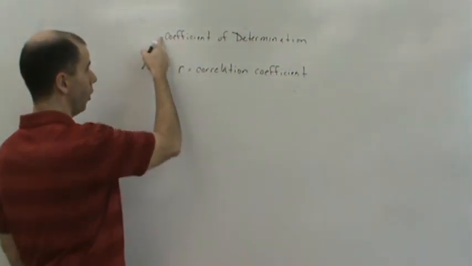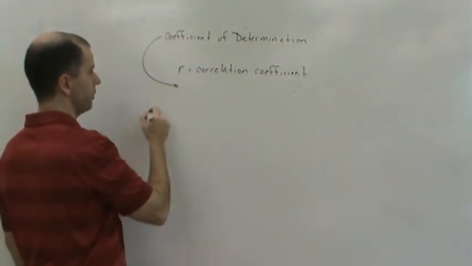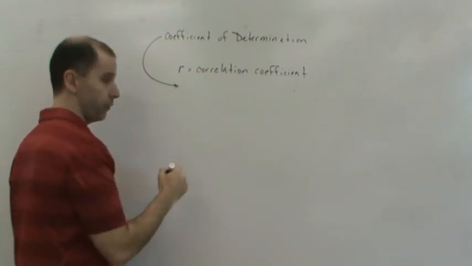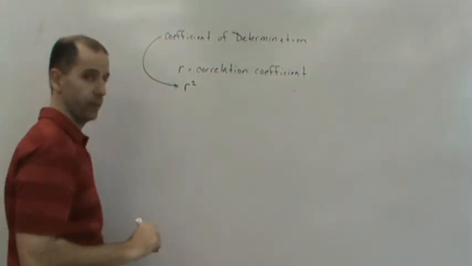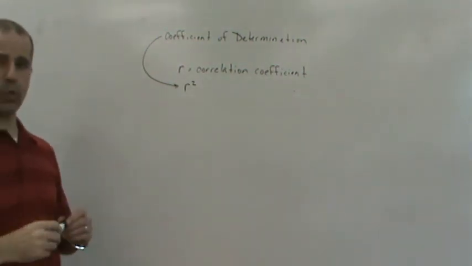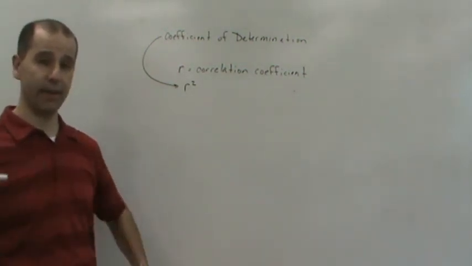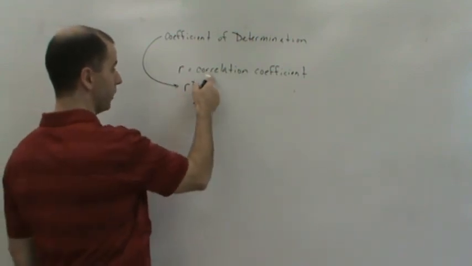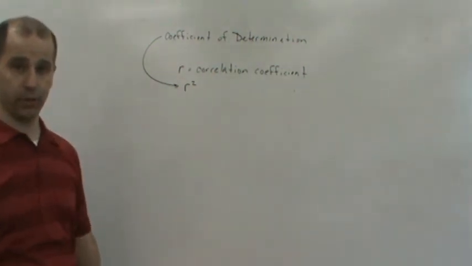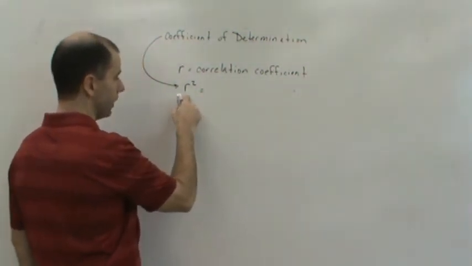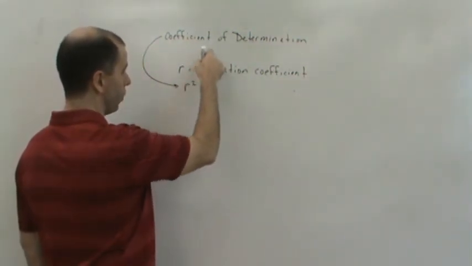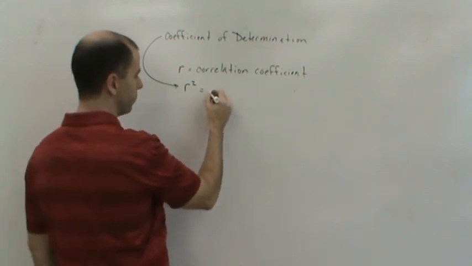The coefficient of determination is R squared. And so what does R squared tell you? Here is the definition of R squared, and it is directly related to the correlation coefficient. In fact, you can derive these. The coefficient of determination is equal to this.